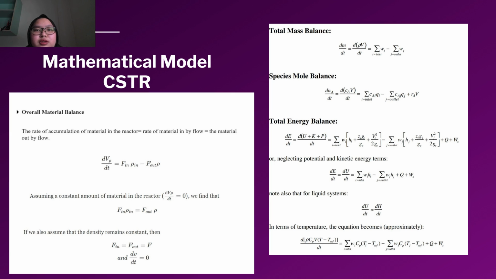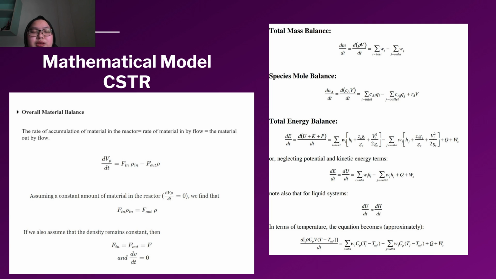So for the mathematical modeling for the CSTR for the bioreactor, firstly we start with the overall material balance. The rate of accumulation of material in the reactor is the same as the rate of material in by flow and the material out by flow.